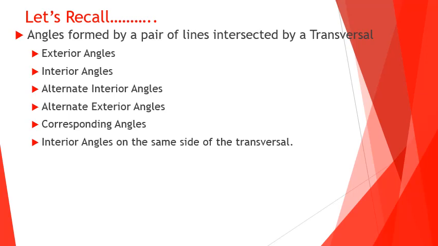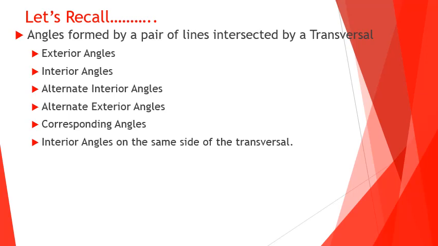It should be in the opposite direction, or in the alternate position of the transversal. Next is alternate exterior angles. In the same way, the exterior angles which lie on opposite sides of the transversal are called alternate exterior angles.